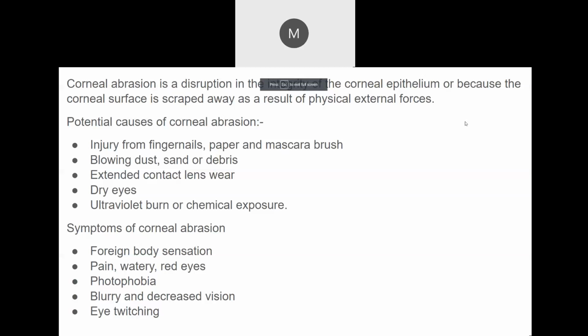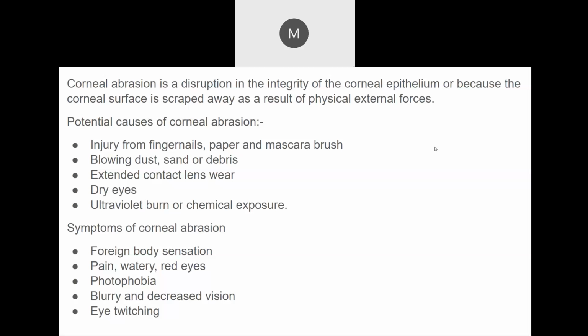Or sometimes, if a person is wearing a contact lens for too long, the lens tends to become slightly dehydrated at the end of the day due to insufficient blinking. So it causes the lens to stick to the cornea. So while we're trying to remove the lens, the epithelium comes together with it. The epithelium may not heal well, especially if the epithelial cells are continuously torn away due to contact lens.